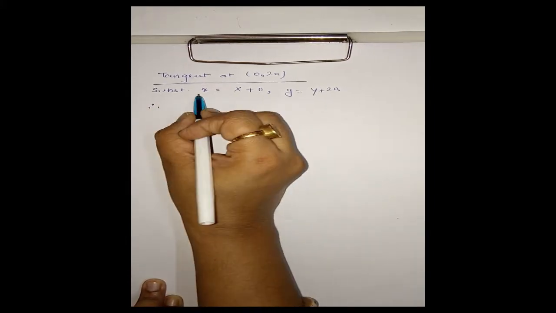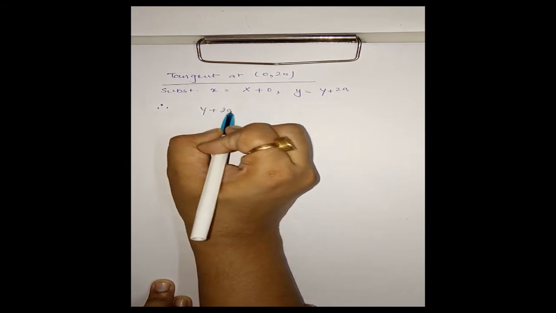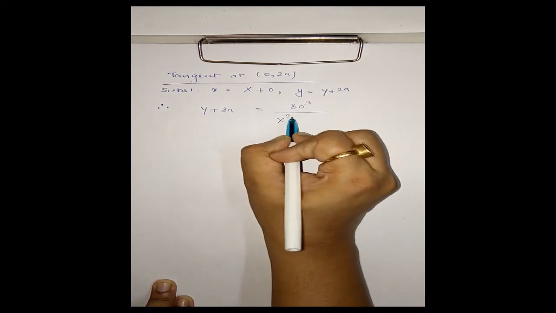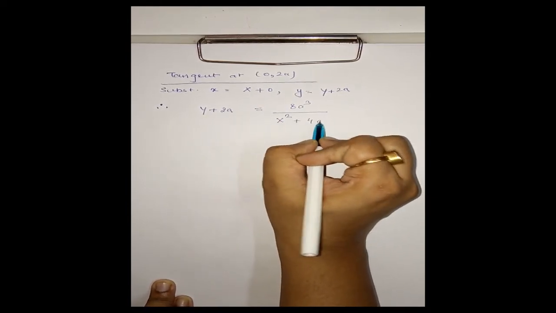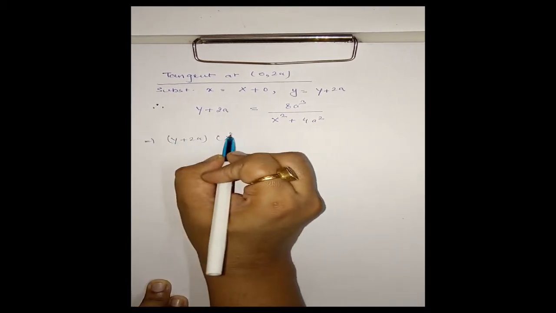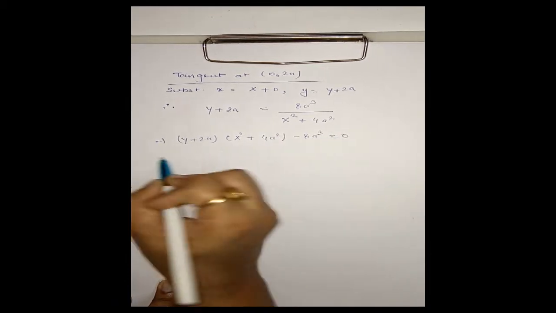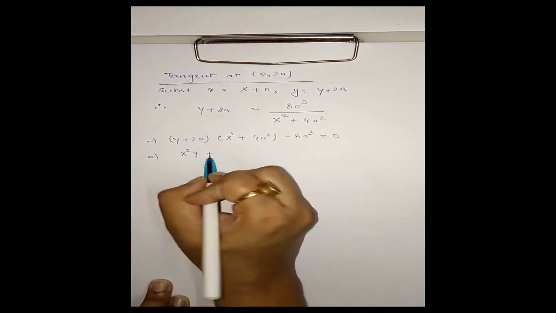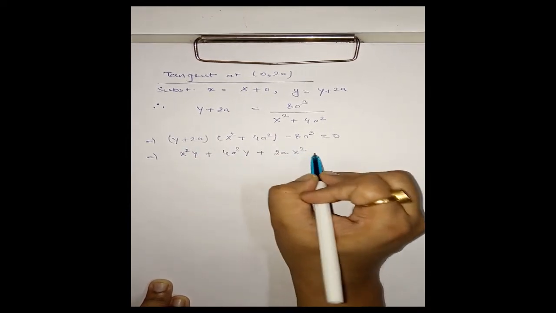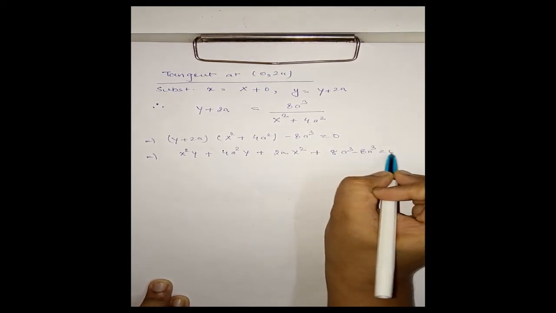Substituting these values in the given equation, we get y plus 2a is equal to 8a cube by x square plus 4a square. That is, (y plus 2a) into (x square plus 4a square) minus 8a cube is equal to 0. That is x square y plus 4a square y plus 2a x square plus 8a cube minus 8a cube is equal to 0.